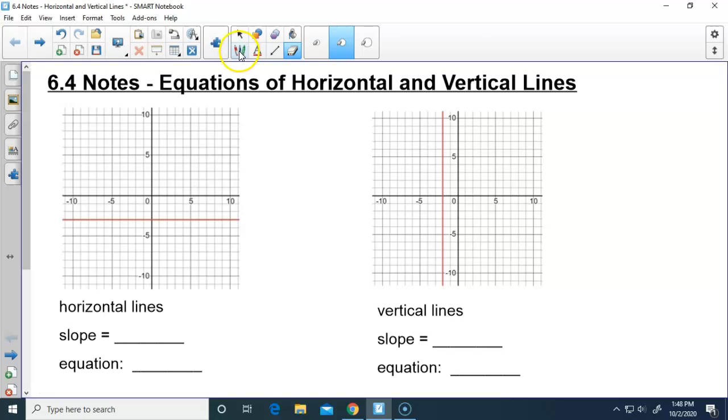So we already know about the slopes of horizontal and vertical lines. We know the slope of a horizontal line is 0 because a slope tells us about the steepness of the graph, and you can see a horizontal line has no steepness at all. A vertical line, on the other hand, is as steep as you possibly could be, and we call that undefined.